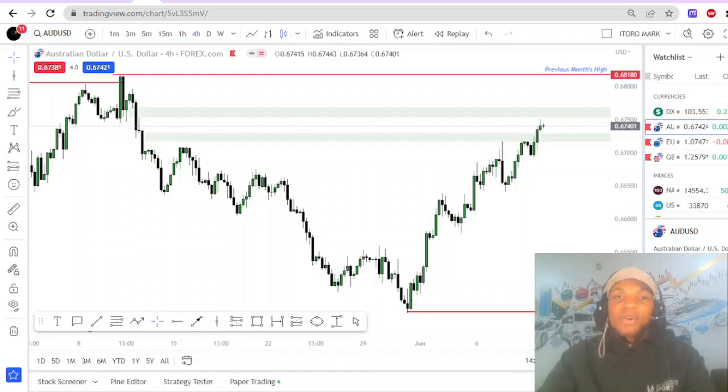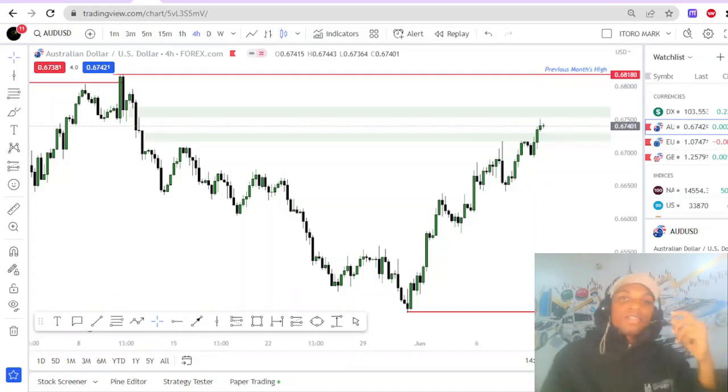ICT's concept doesn't just tell you to trade a pattern for the pattern's sake. It teaches you price action, where you can literally trade without all those lines or noise on your chart. It's all pure naked price action. You don't have to keep drawing lines or boxes on your chart. ICT's concepts help you understand price action better.